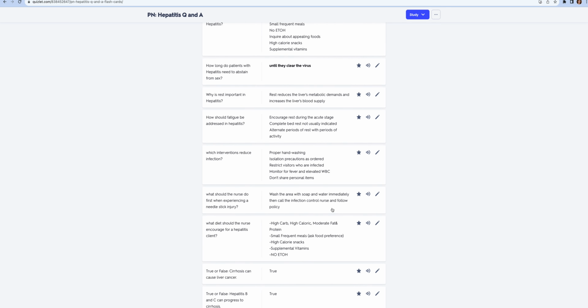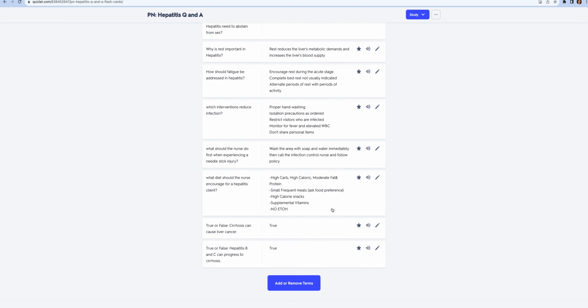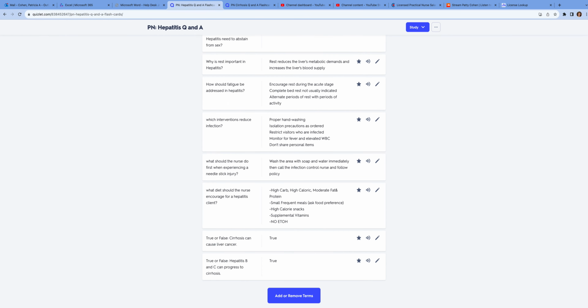Make sure people are washing their hands. If you ever get a needle stick, make sure you wash your hands very quickly and follow your policy for needle sticks. I told you about the diet already, and it can turn into liver cancer, and it can turn into cirrhosis. So that's it for hepatitis for your liver review on Quizlet.